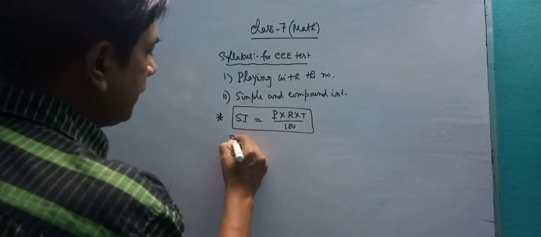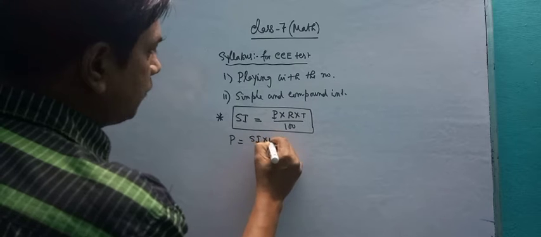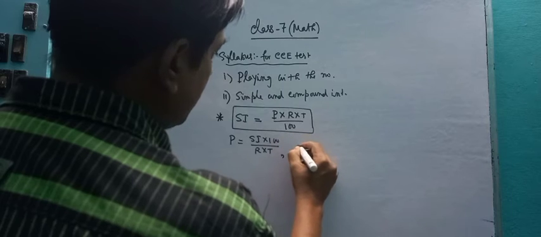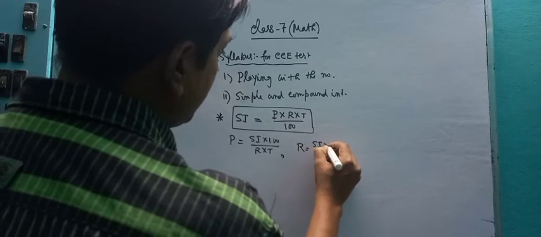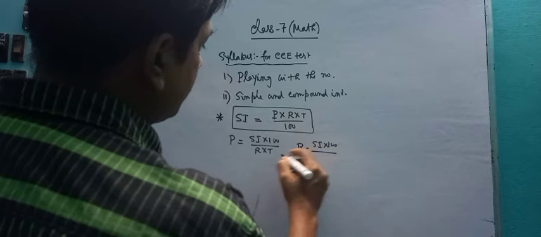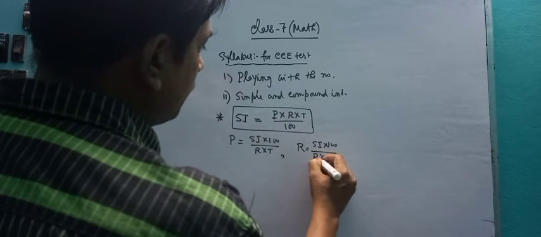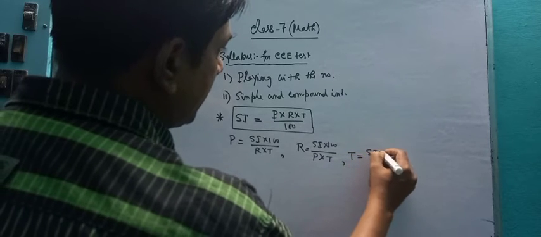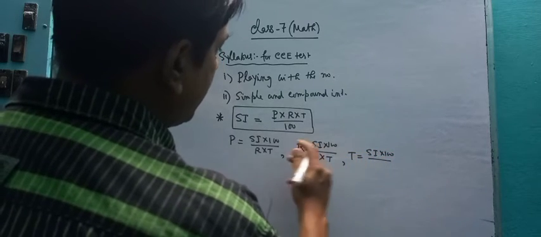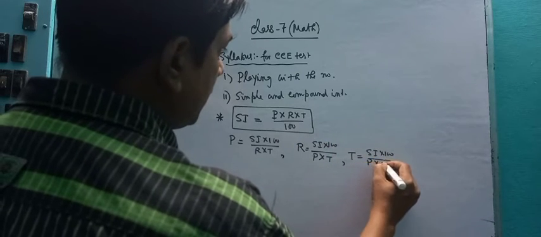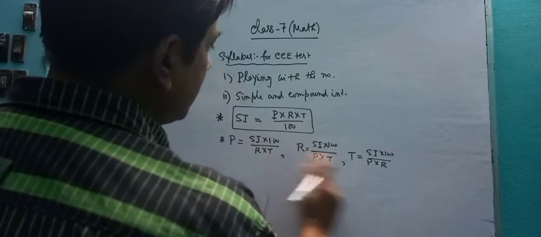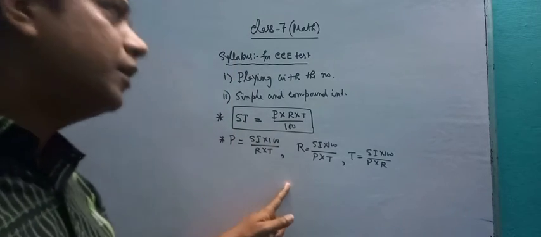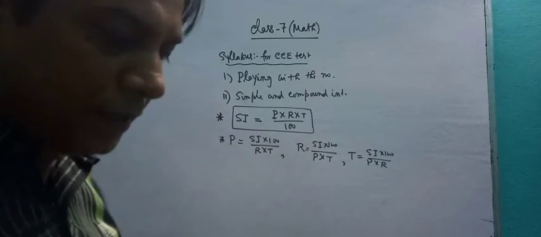Suppose if you require P, you can write it SI into 100 divided by R into T. If you require R, SI into 100 by P into T, and in case of T you write it SI into 100 divided by P into R. So these 3 cases, you can use any one according to the condition, and easily find out the solution.